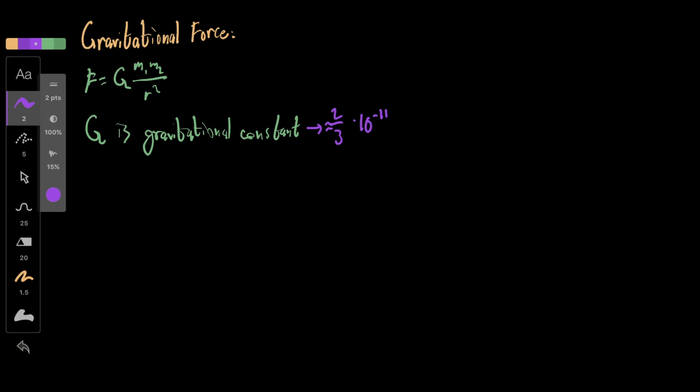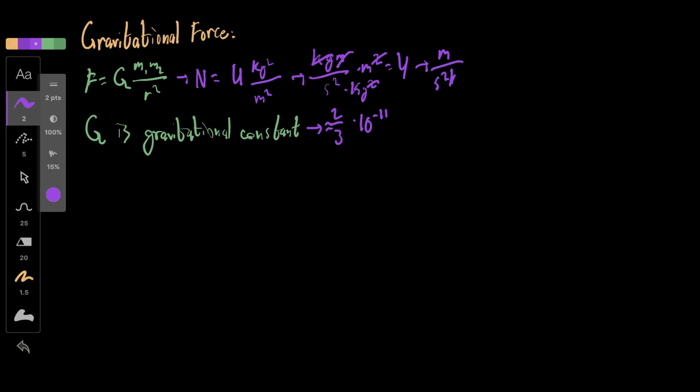And you can find the units by just plugging in the units. So we have newtons equal to whatever the units of G are, let's call that U, times kilograms squared over meters squared. We expand newtons: kilogram meter over second squared, times meter squared, divided by kilogram squared.